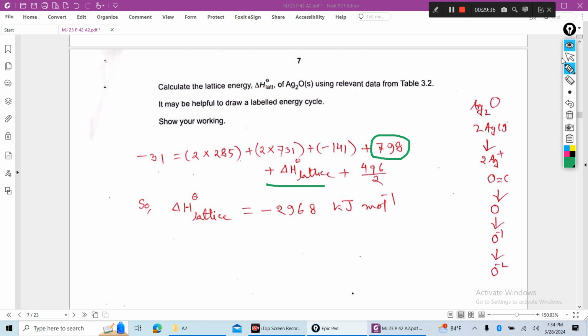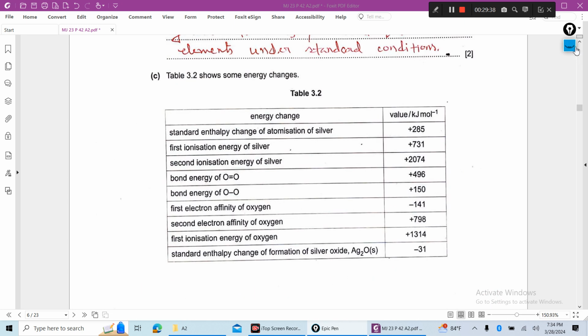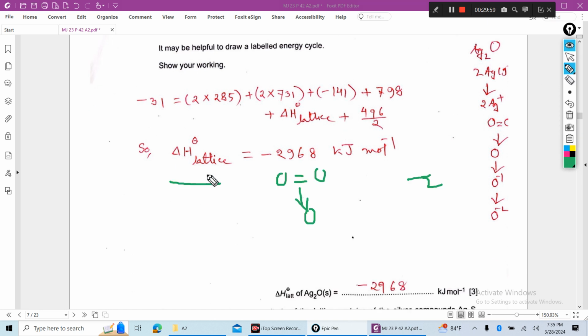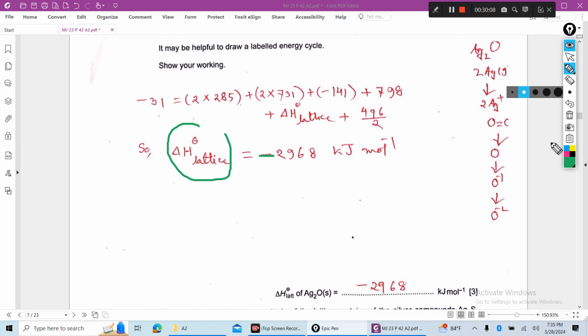Then 496, you see, 496 is the bond energy of the oxygen double bond. So when it forms only one oxygen atom, this is divided by 2. If you put in the values, you will get the lattice enthalpy of silver oxide, -2968 kilojoules per mole. This is the answer.